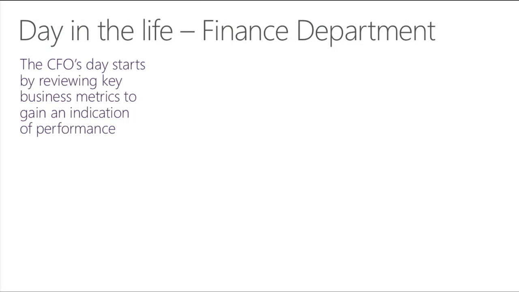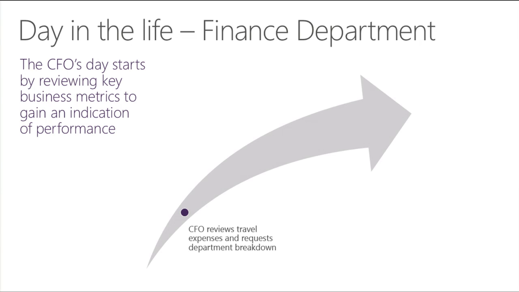So we're going to do two demos, and I'm going to set up the demos. Both of them kind of start in the same place. We're going to take a look at how the CFO is looking and reviewing information related to key business metrics and the performance of the organization. And that's going to spin off two different flows.